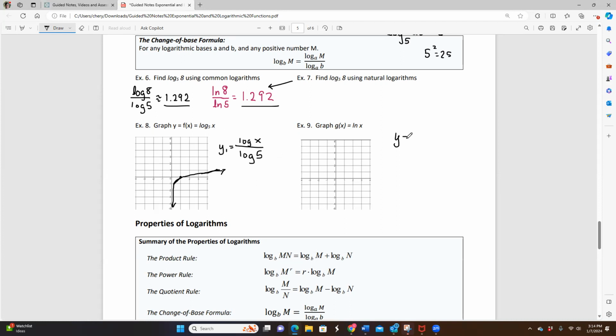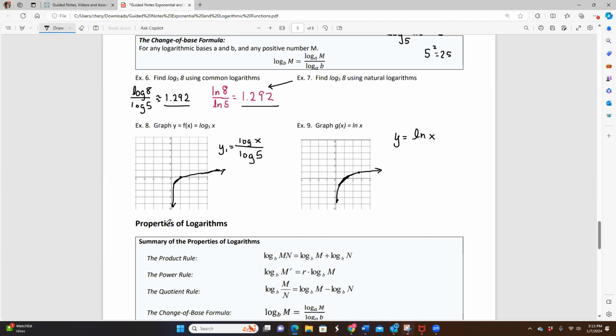So you'll just type in the natural log of x, and you'll get something that looks like this. It's a little less flat over here. This one's flatter, and it's going to be a little less steep over here. That would be the graph of y equals the natural log of x.